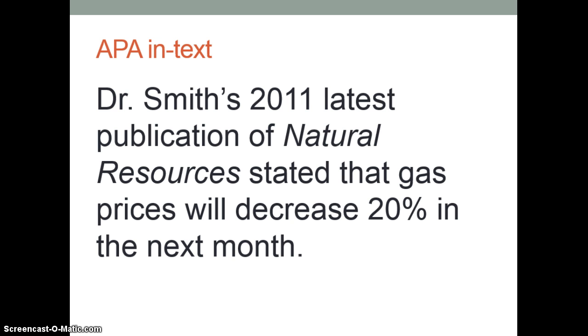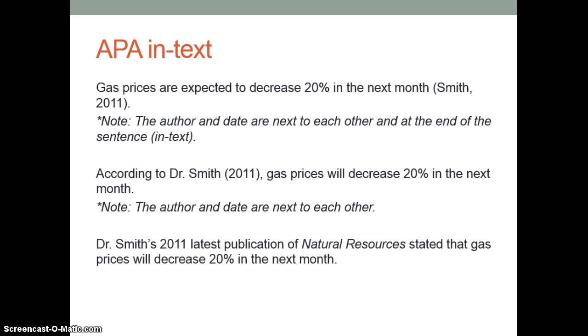So this lends a different perception and credibility for this piece of information. We're saying Dr. Smith is highly credible, the year of the publication is recent, and the name of the publication is something impressive. So that is the third way to create an APA in-text citation, and you can see all three examples on this particular slide.